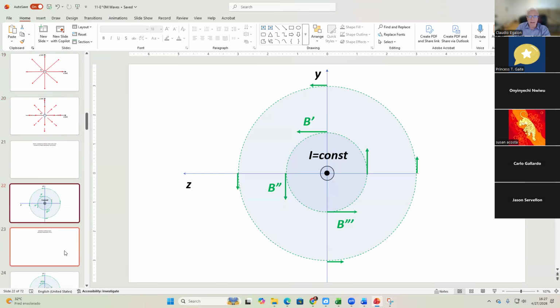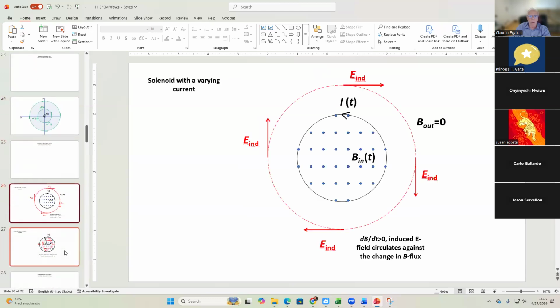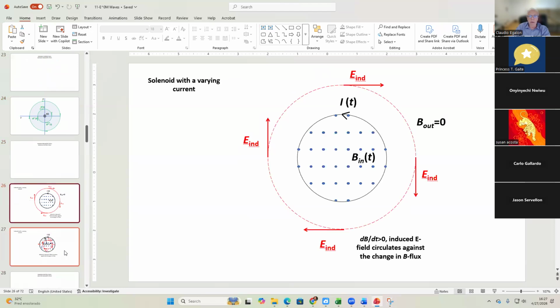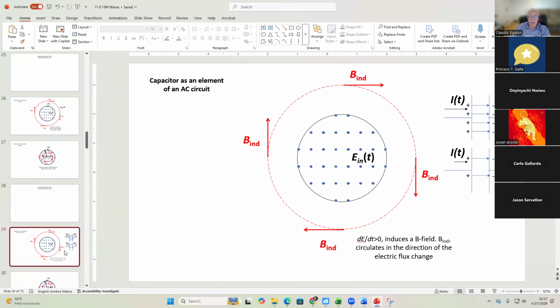That's a magnetic field that circulates around the current. And this magnetic field decreases as you move away from the source. And then we have the induced electric field, which happens in space and circulates around the lines of magnetic field.